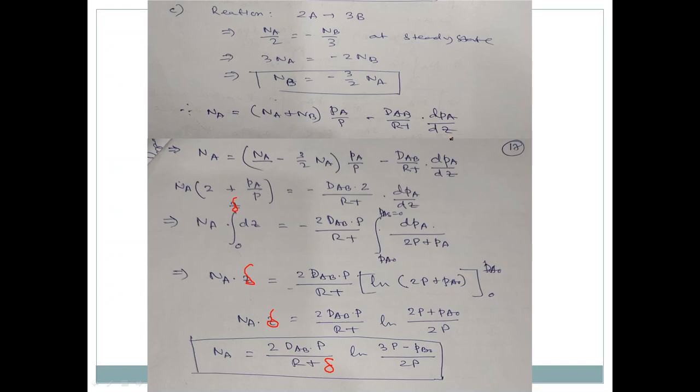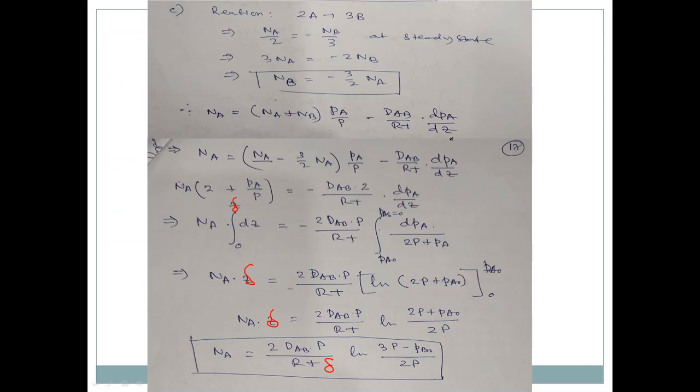So today we have discussed two problems. One is based on the diffusion of A through non-diffusing B. We have taken the example of drying of air with sulfuric acid in a packed bed, but that was the case of diffusion of A through non-diffusing B. That is why I am telling repeatedly, you have to see what is happening at the interface.